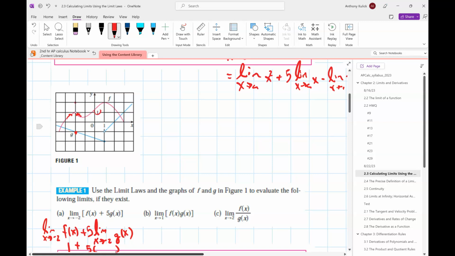That's the y coordinate. So this is 0 right here. So g would be -1. So I have 1 plus 5 times -1, or -4.